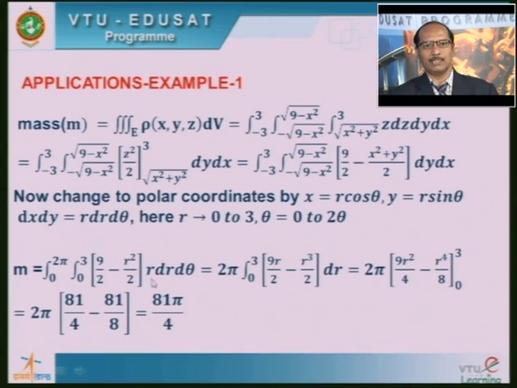And r square by 2 is multiplied by r, so it is r cube upon 2, and then dr.